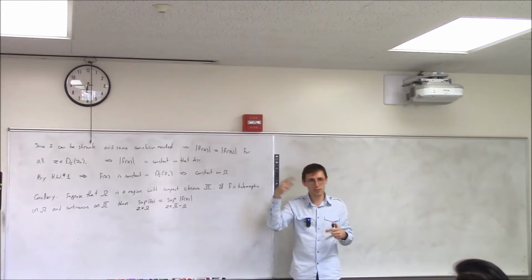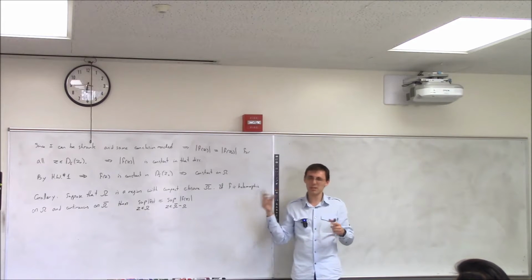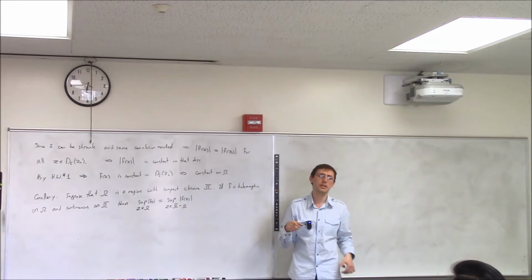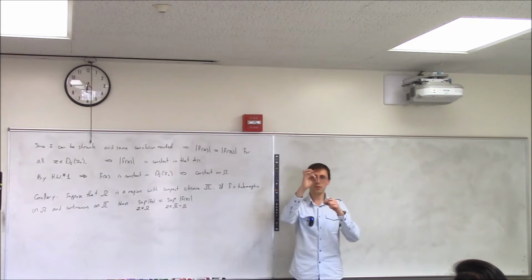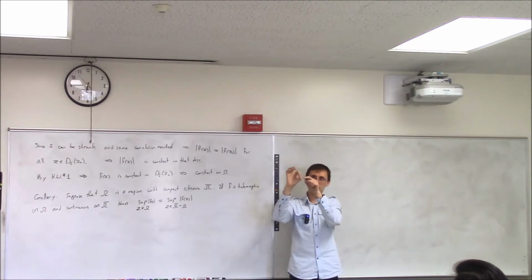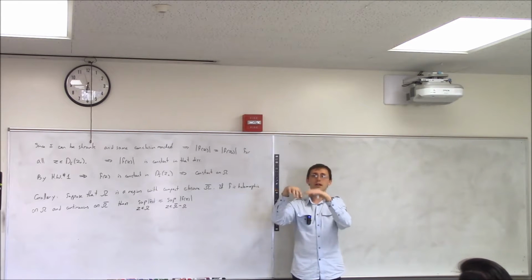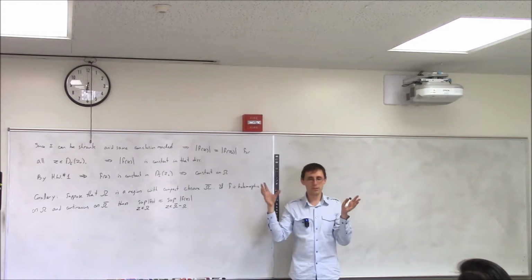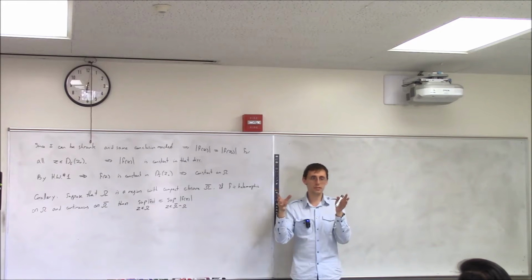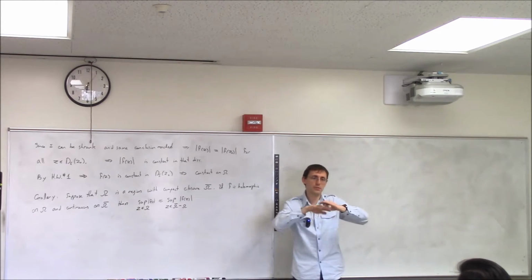I'm going to give you some examples so you start realizing how it works. There were some examples in the homework. Remember where you had a holomorphic map defined on the disk, and then by using the Schwarz reflection principle, you concluded that the function is constant? That's an example of analytic continuation.